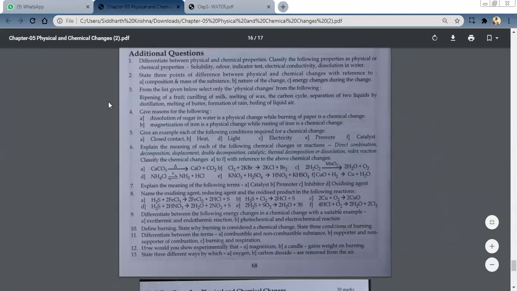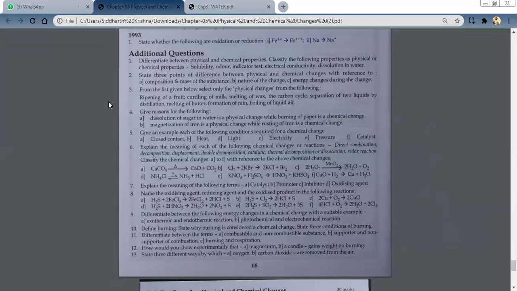So I think we had discussed till question number 5, isn't it? I think 6 also we had discussed. So we shall start from 7.